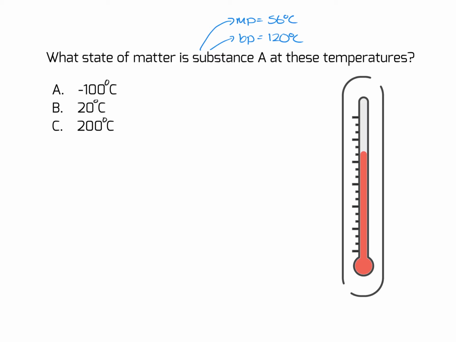So we're going to draw a nice straight number line. And on our number line, we want to make sure we can get those numbers 56 and 120. So let's figure out a nice times table. It's going to take us all the way between 56 and 120 degrees Celsius. Now you could actually use any numbers you like as long as you can draw your number line big enough. So let's go for tens.